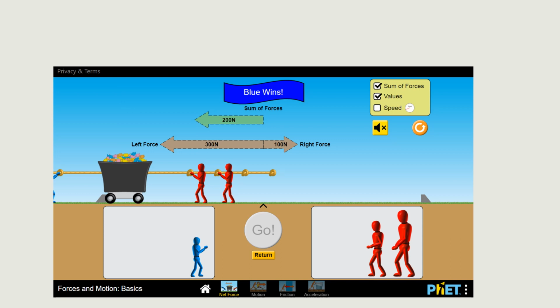Again, we can put, let's say, 3 guys here, and let's say 2 guys here. In this case, we have 300 newtons of force on the left side and 100 newtons on the right side. What do you think, in which direction will they move now?